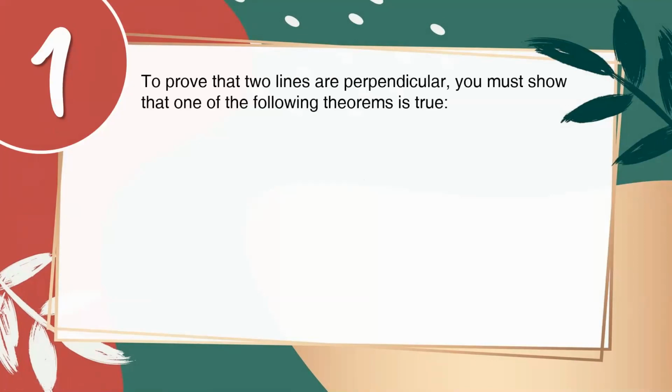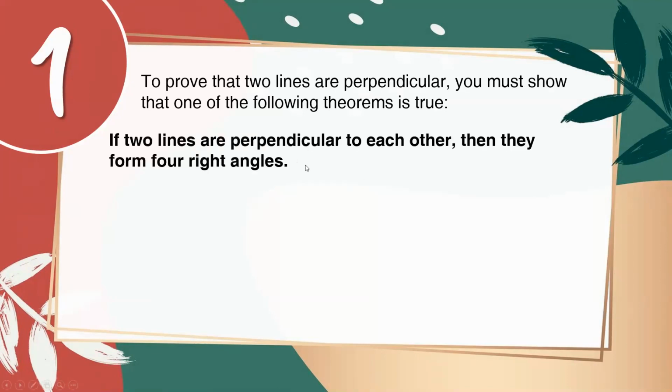Okay, let's have an example. But to prove that two lines are perpendicular, you must show that one of the following theorems is true. This is not an example, but these are the theorems. First theorem: if two lines are perpendicular to each other, then they form four right angles.